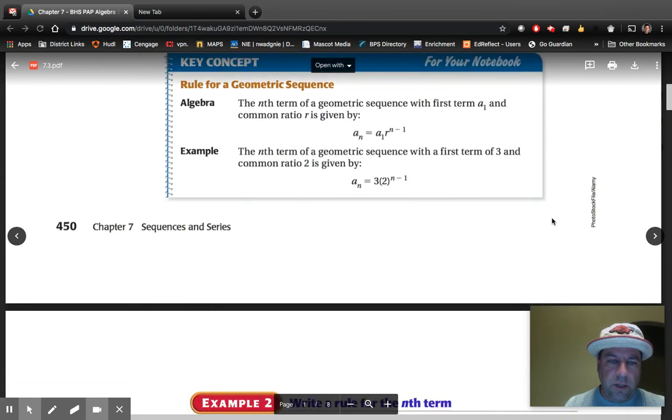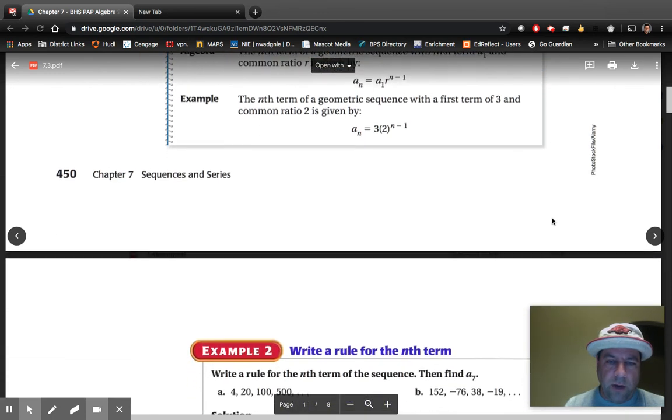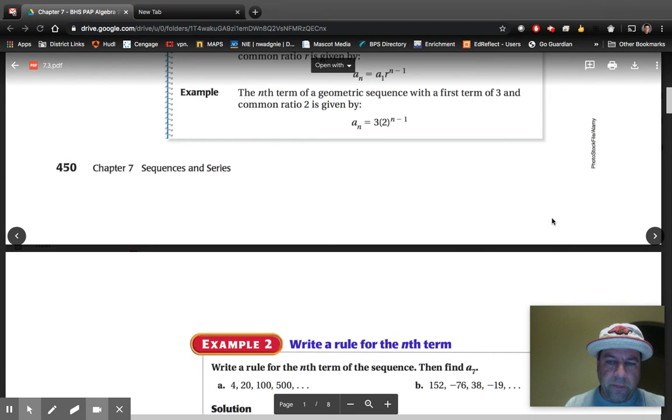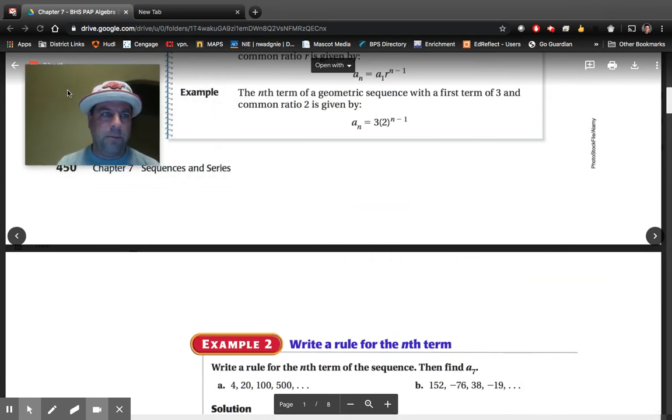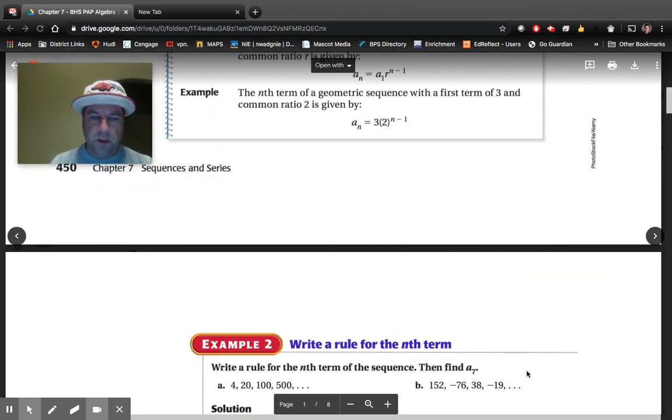Let's go down here to my example number 2. Write a rule for the nth term. Okay, now I know why I put me up here. Letter A, example number 2: 4, 20, 100, 500.